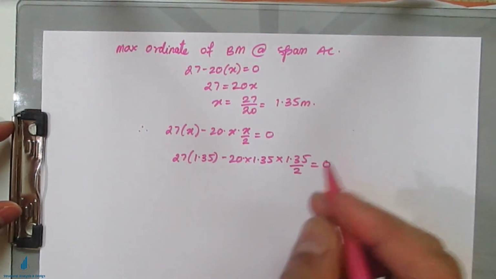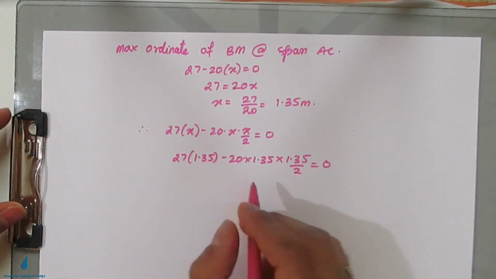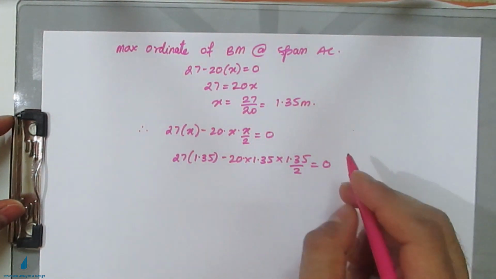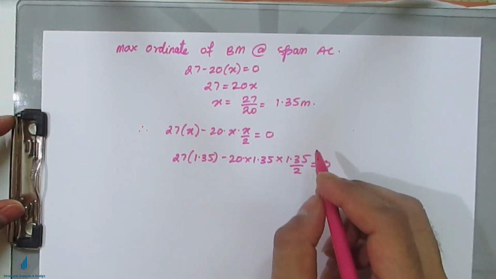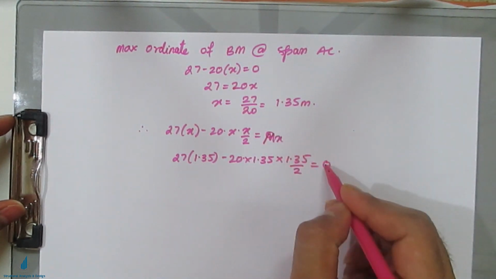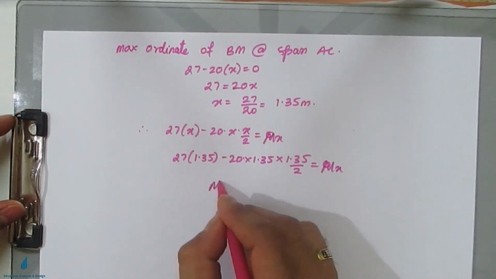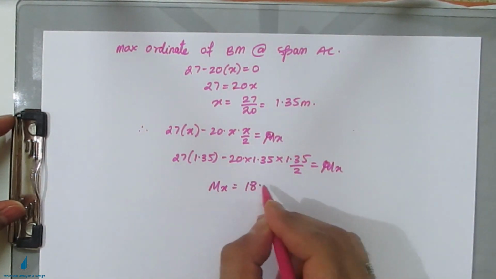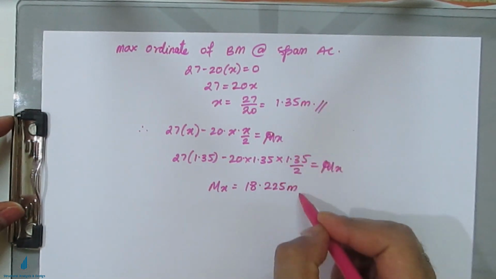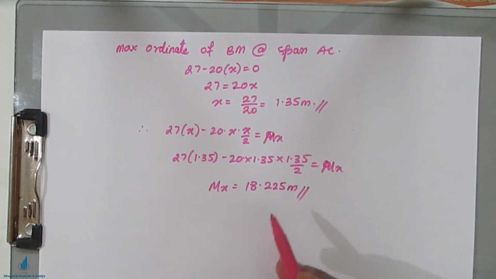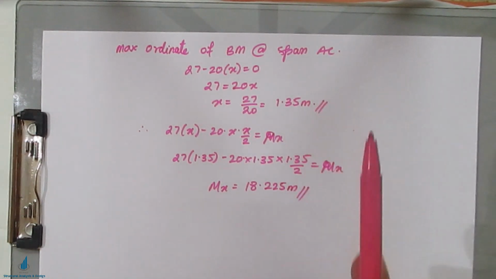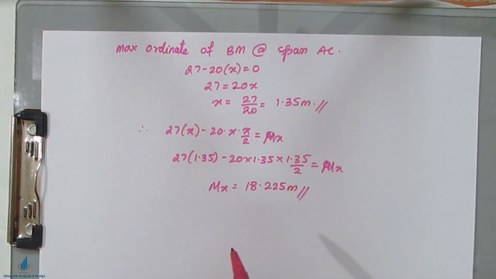That comes out to be 18.225. This was Mx, you have to find the bending moment. So Mx comes out to be 18.225 kilonewton meter. So this was the distance, and this is the maximum bending moment value for this particular 1.35 meter ordinate. This is how you have to calculate.